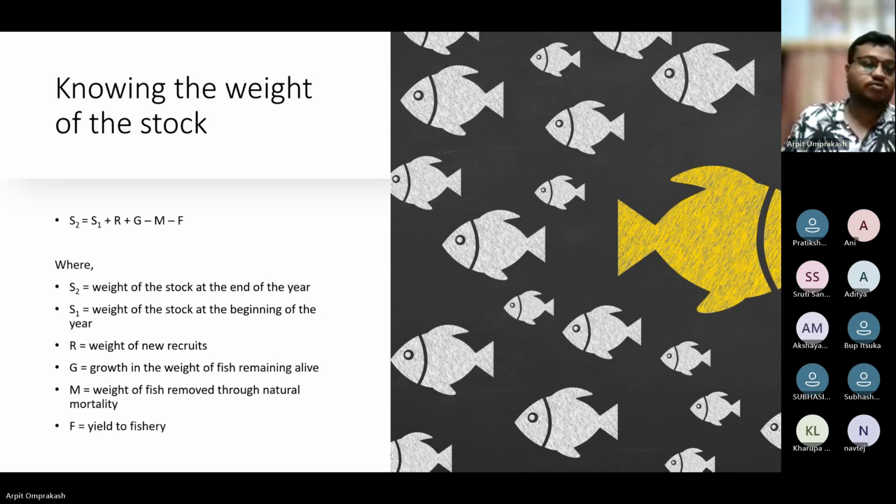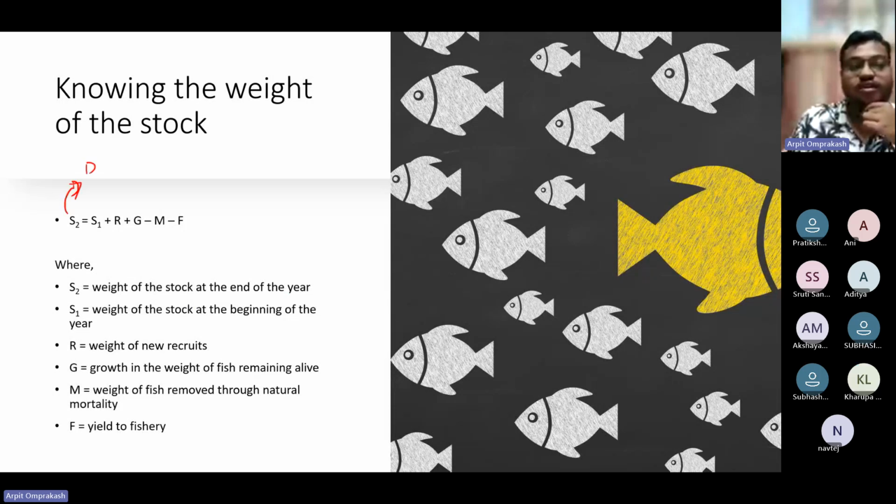So let's say S2 is the weight of the stock at the end of the year. So this will be the biomass of all the individuals that are present at, let's say, December 2024, right? S1 is the weight of all the animals that are present in the beginning of the year, which is January 2024.